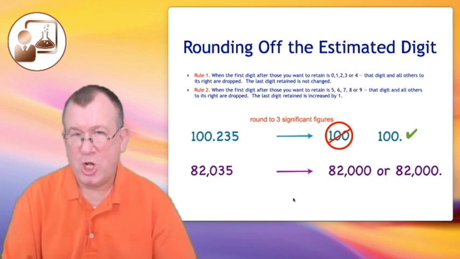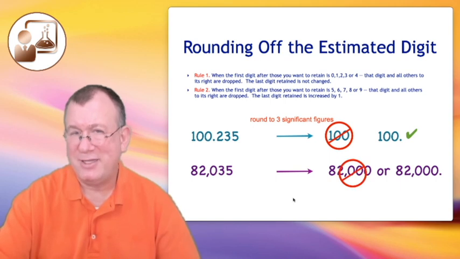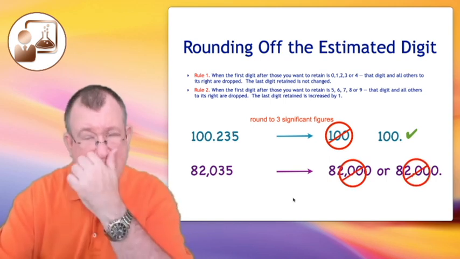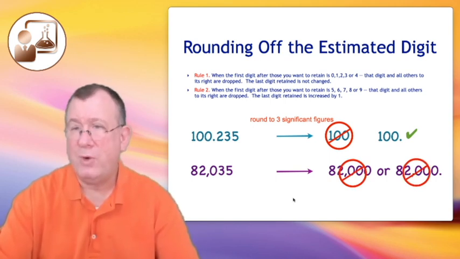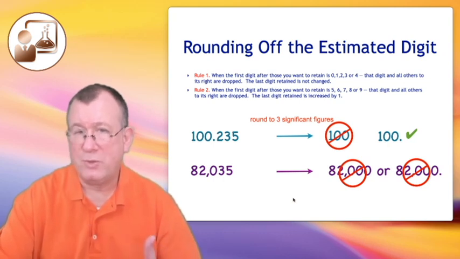So if I want to show 3 significant figures, I can't do the first one, I can't do the second one. The only way I can represent the correct significant figures is with scientific notation.